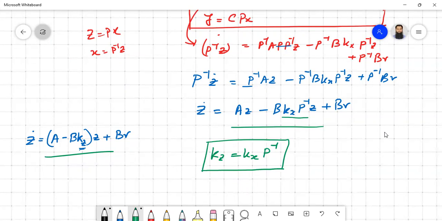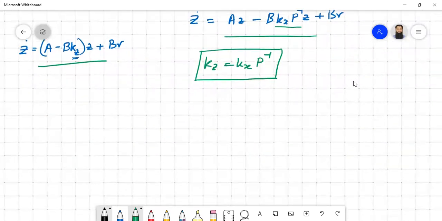We convert it into the phase variable form, design it, and then convert it back to the original form. In the mathematics, we are only converting the gains to the original system. So very quickly, let us look at example 12.4.